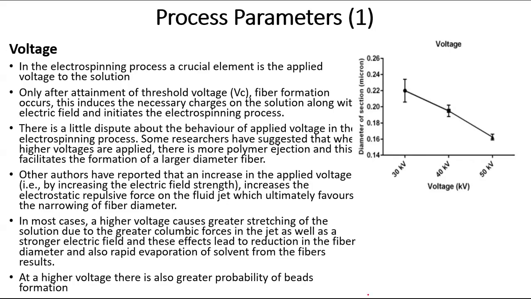You can see we can expect the diameter to be reduced as you keep increasing the voltage, but there is a limitation, right? Only after attainment of the threshold voltage does fiber formation start occurring. So it's actually a trial and error method where you need to check how all these parameters are linked together.